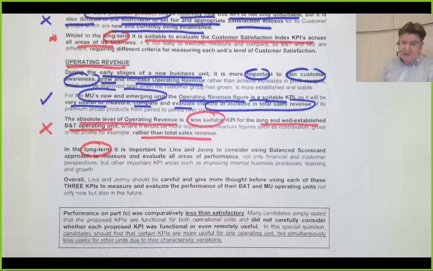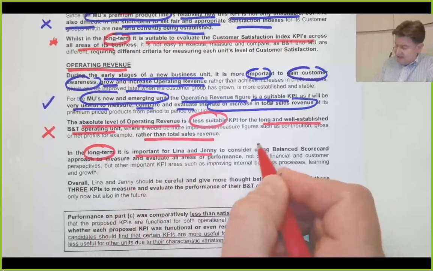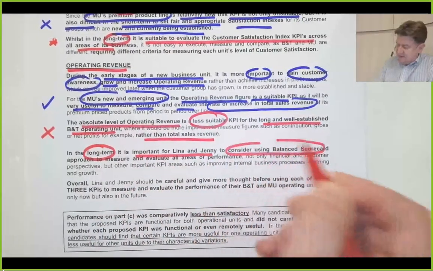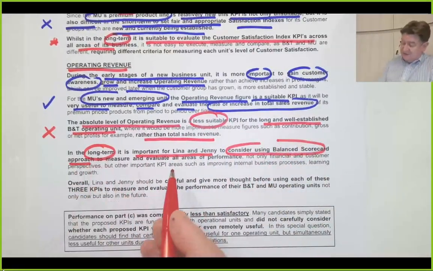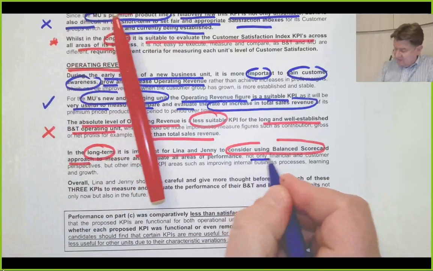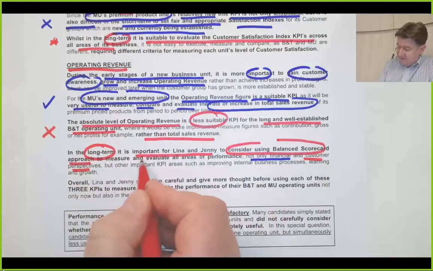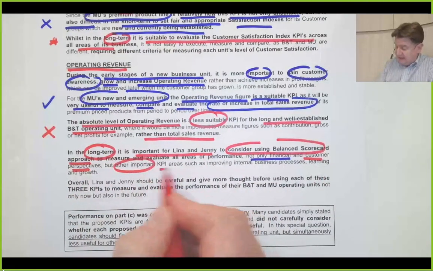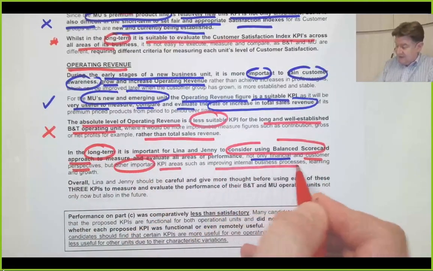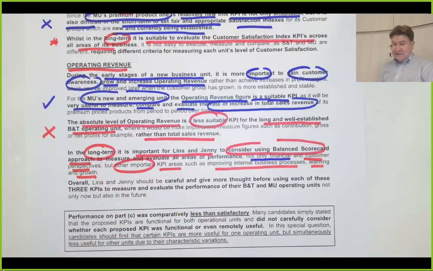So let's just finish off by saying, look, in the longer term, it's going to be important for Lena and Jenny to consider using a balanced scorecard approach to measure and evaluate all areas of performance. So we shouldn't just only be thinking here about financial and the customer perspective, but we should be thinking about other important KPI areas, internal business, learning and growth. We mentioned them all last time.